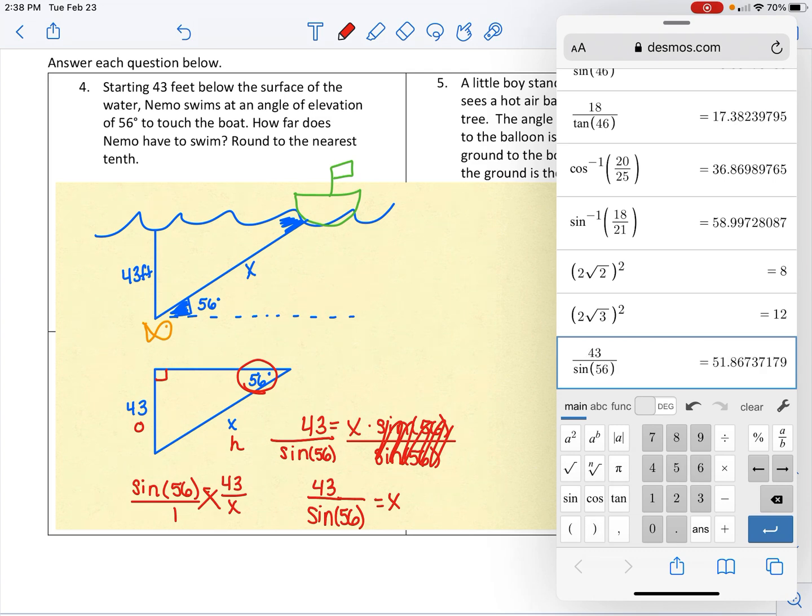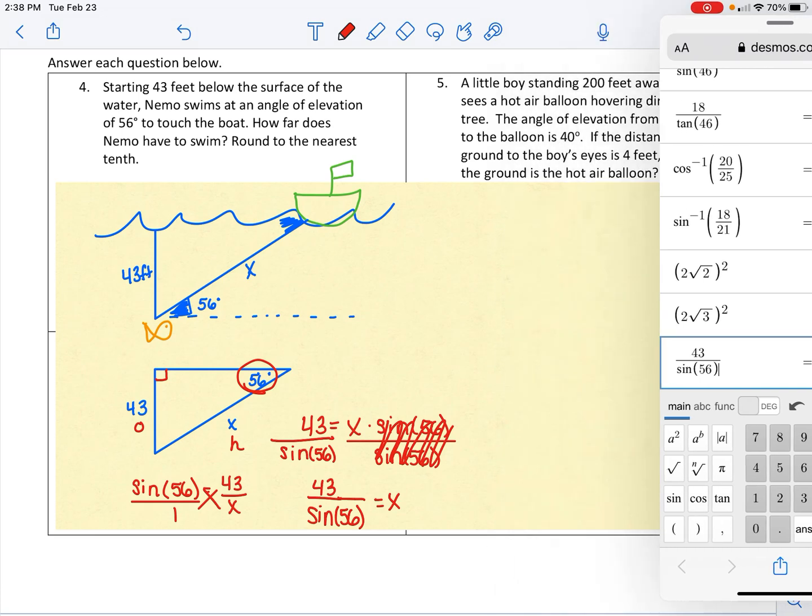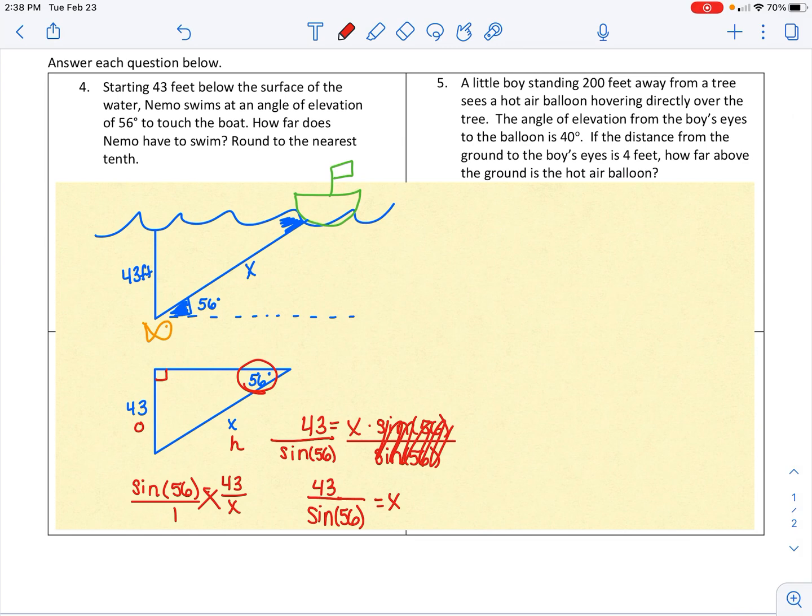And that's going to give me 51.867. And it says in the directions to round to the nearest tenth. So that's gonna be 51.9. So Nemo has to swim 51.9 feet.